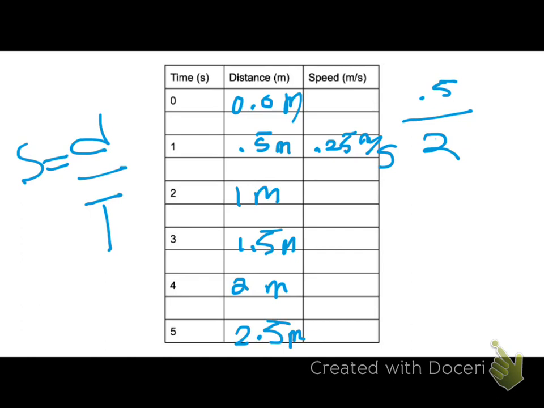What distance did we travel between 1 second and 2 seconds? Also 0.5 meters. So that means our speed should be the same, right? So, I put this in the wrong spot. I meant to put it up here. And then here would be 0.25.